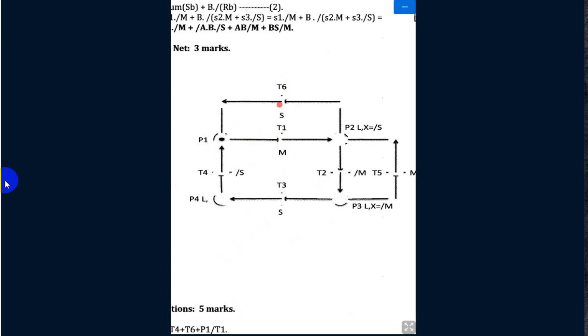Then you convert all your inputs. For an input, you actually have a transition. So in this case, T1 is M, and for your S0, you replace it with P1. Then you have P2, and the output is L, X equals S bar.